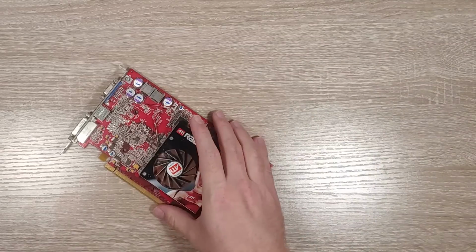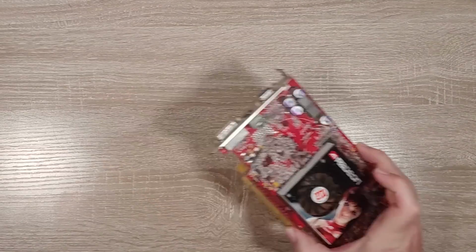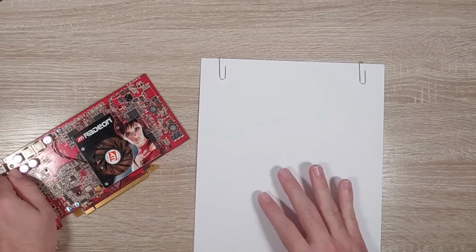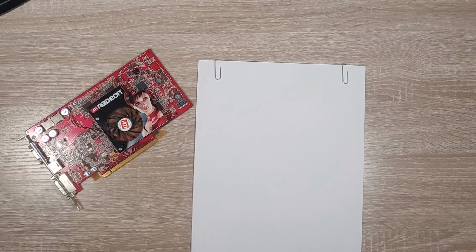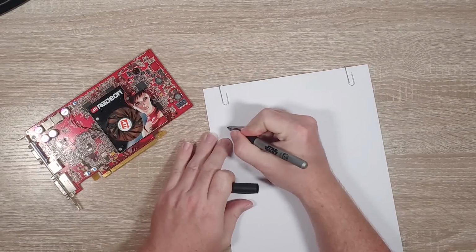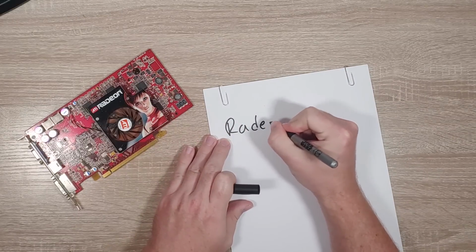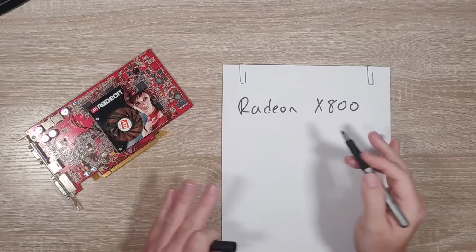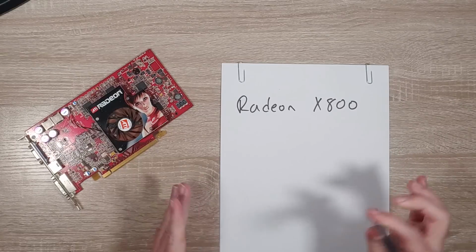So let's start with looking at the cards individually. We'll go over some of the specs and everything here. As I said, this one is the Radeon X800, and it is a mainstream card, but it's based on a sort of high-end GPU.